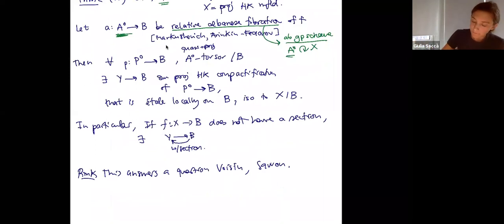Then, modulo some technical assumptions, it's expected that the rational Hodge structure of the two fibrations is the same. So basically, it's true.